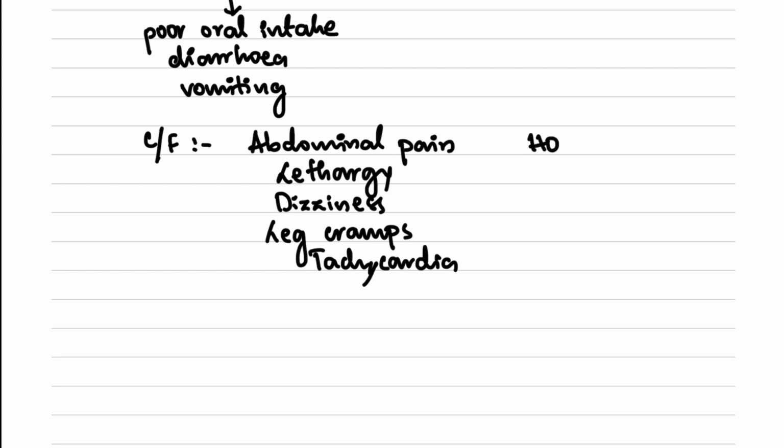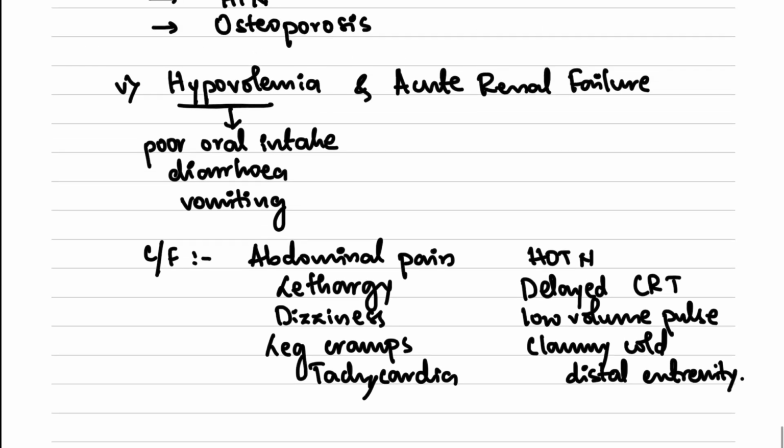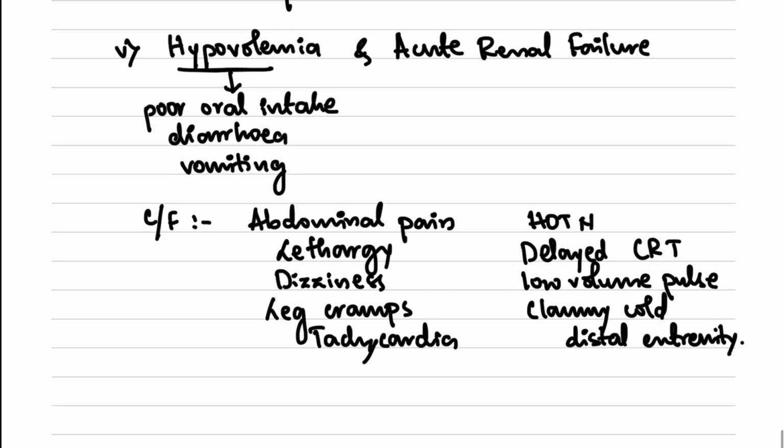The patient can present with hypotension, delayed capillary refill time, low volume pulse, as well as clammy and cold distal extremities. So these are all the clinical features if the patient has hypovolemia as well as acute renal failure.